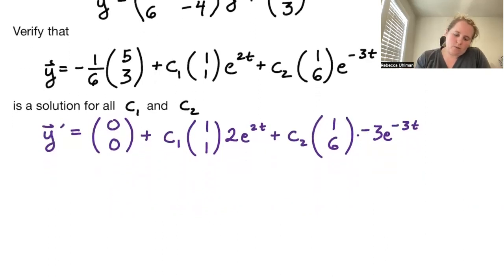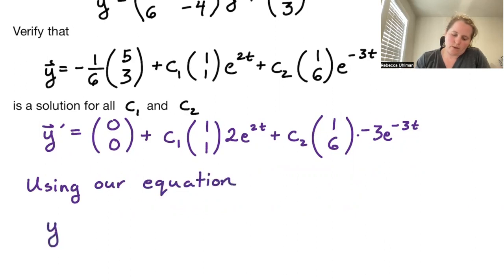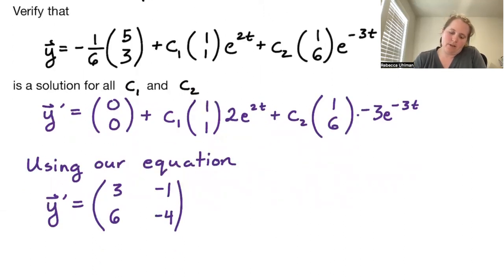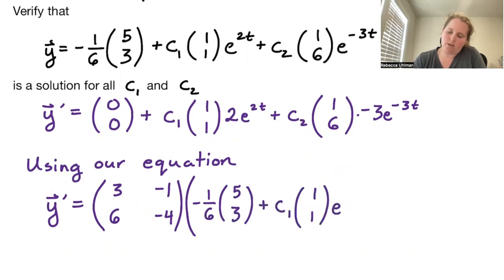So using our equation, we have y prime should be equal to our matrix 3, -1, 6, -4 times y, so times -1/6 times the vector 5, 3 plus c1 times the vector 1, 1 times e to the 2t plus c2 times the vector 1, 6 times e to the -3t.